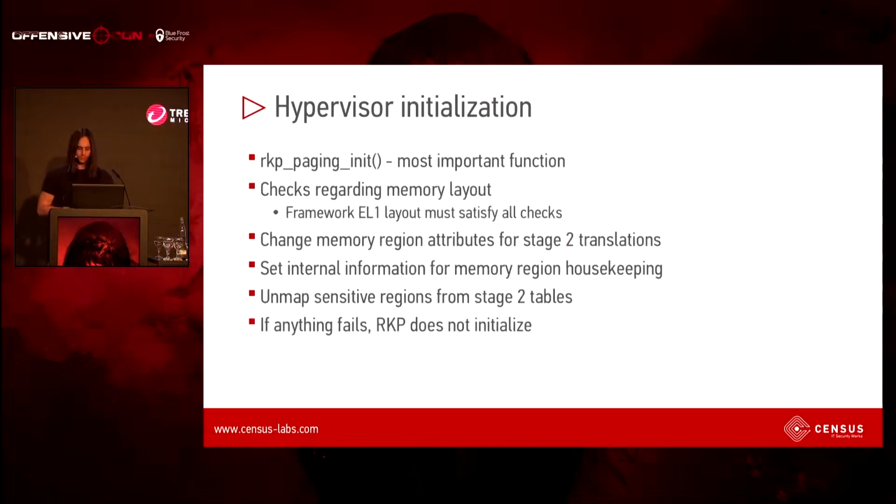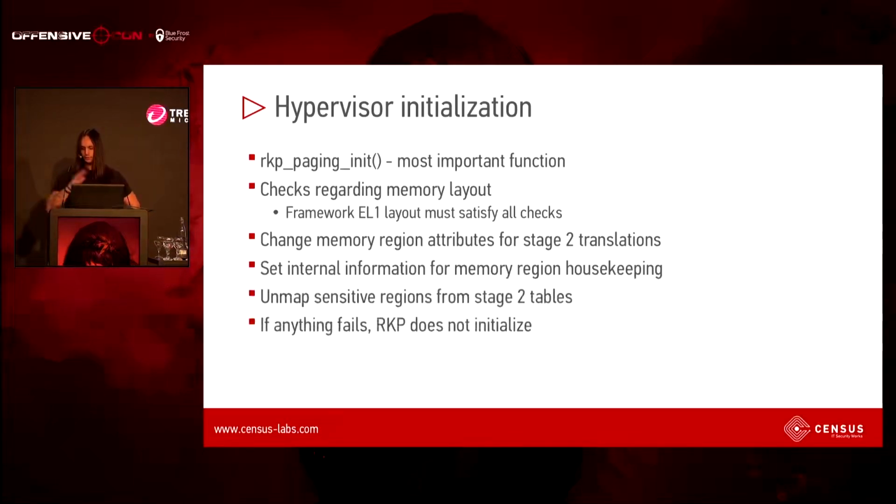The most important function of RKP init is RKP paging init. It has various checks regarding the memory layout of the EL1 implementation. And our framework must satisfy each and every one of these requirements.